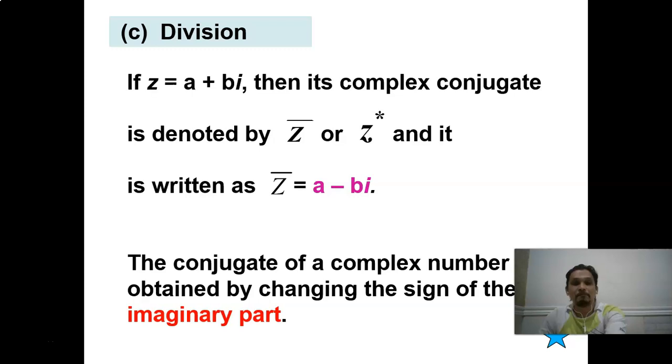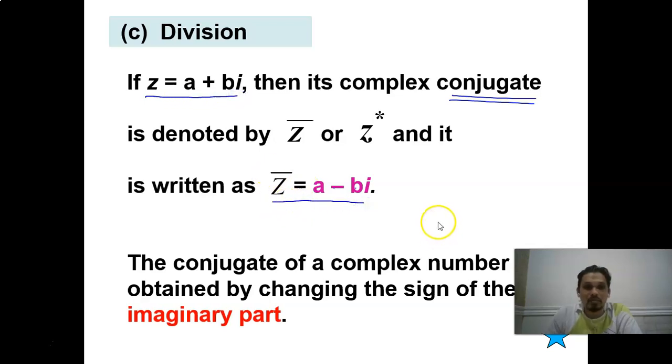Okay, division. If z equal to a plus bi, then it has a complex conjugate. I think you're familiar with this term, conjugate. It's denoted by z bar or z star, and it's written as z bar equal to a minus bi. This is z, and this is the conjugate. So what makes it different between these two?